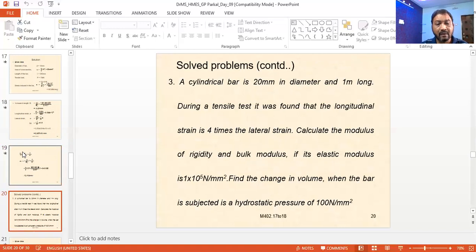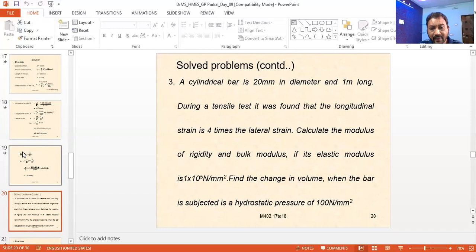Next, we got the other problem. A cylindrical bar is 200 mm in diameter and 1 meter long. During a tensile test, it was found that the longitudinal strain is 4 times the lateral strain.